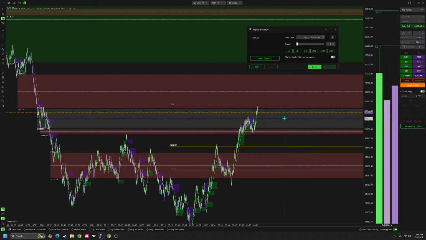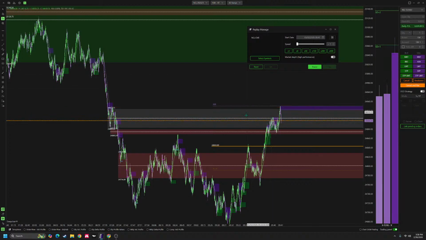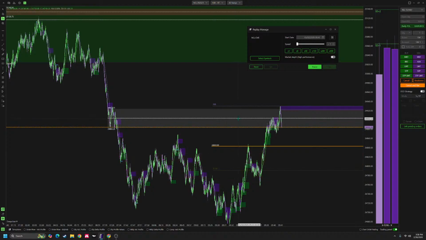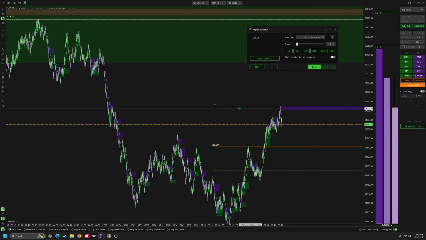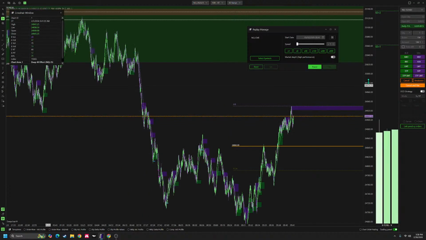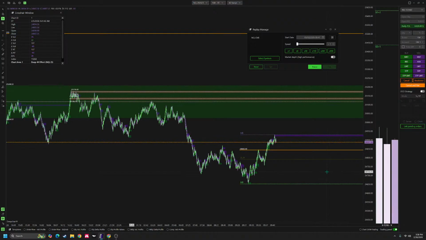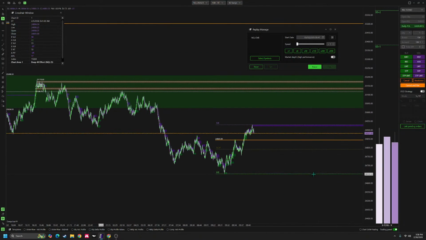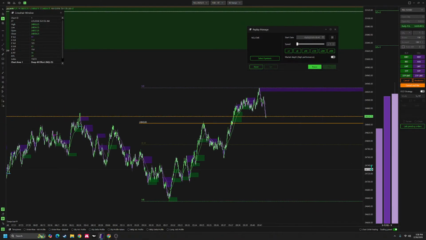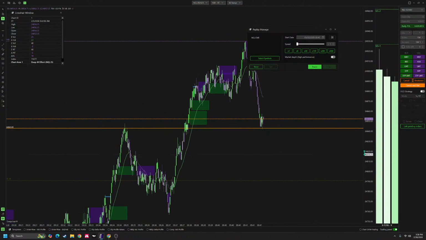Okay, so we broke that zone and then rejected back down into the middle of it. This is an area where I would expect a potential entry back up.